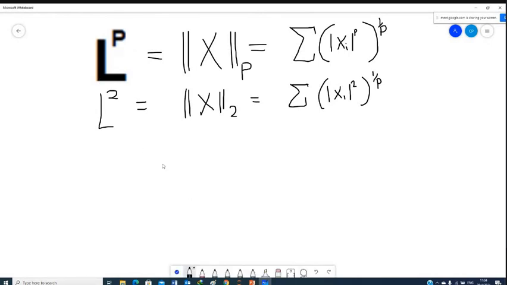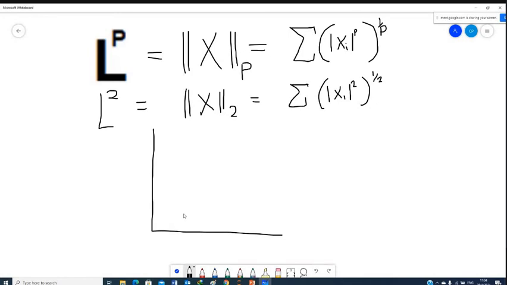So let's say we've got p equal to 2. Yes, that's a 2.